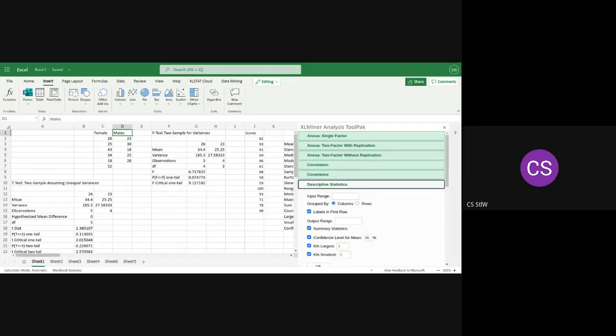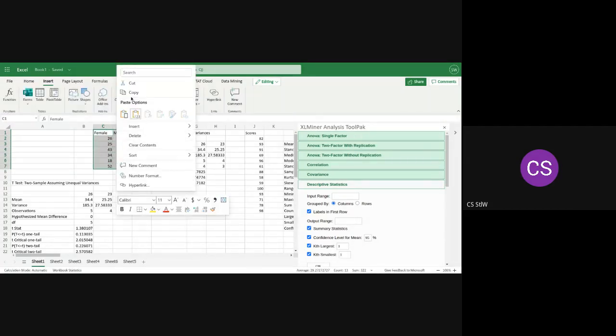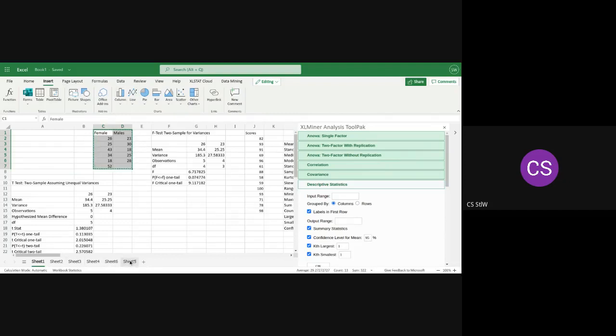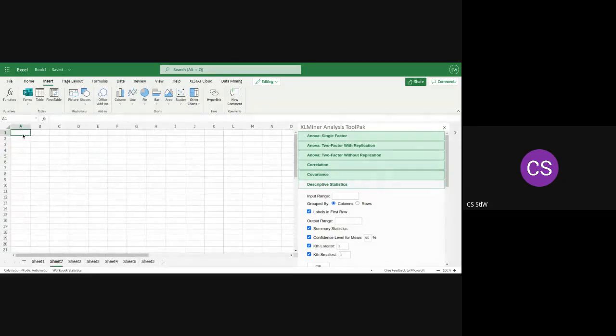To get the descriptive, I will transfer this data set so that we can see how it is operating. I'll add it to a new sheet. Now, when you click on descriptive, you'll see this drop down, and then you give your input range.